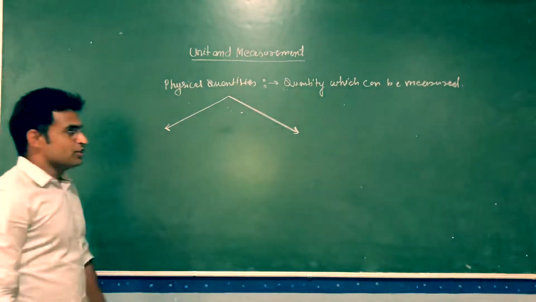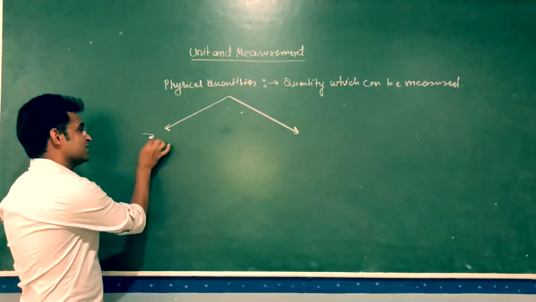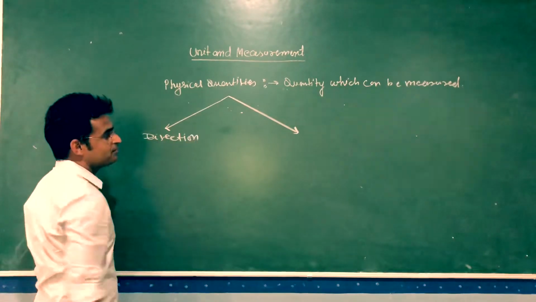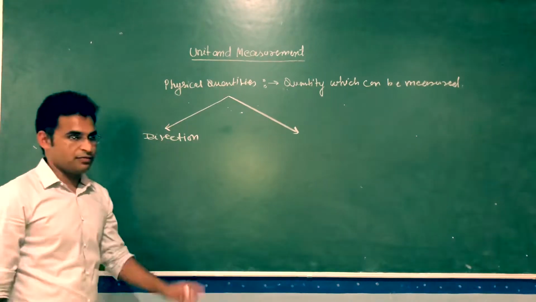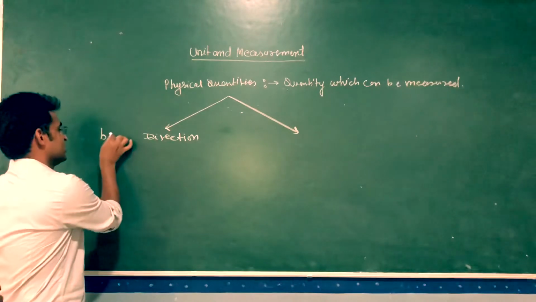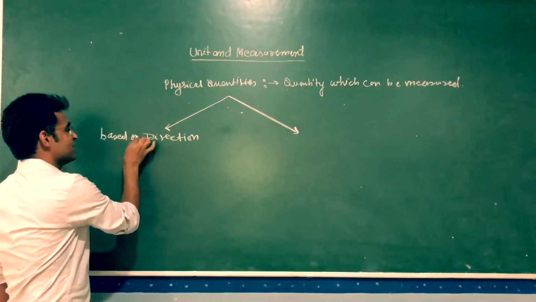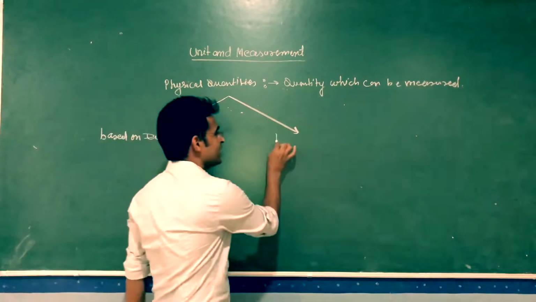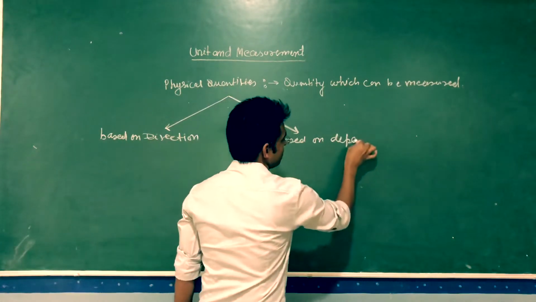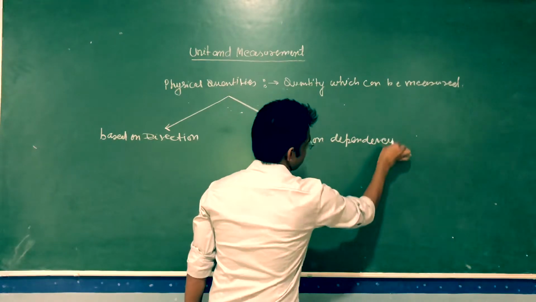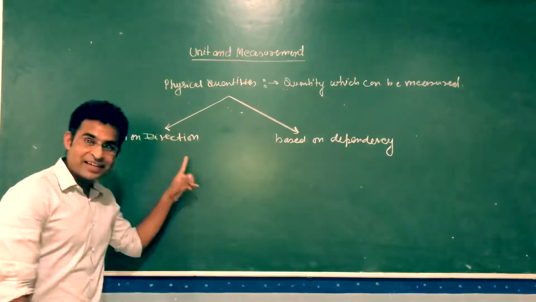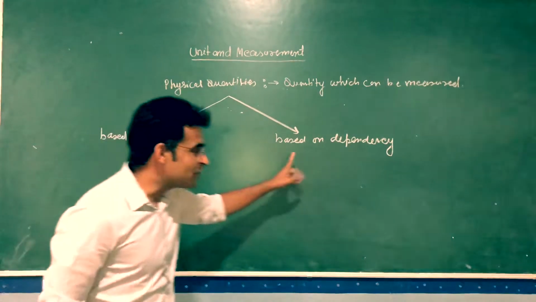Physical quantities we can divide into two parts: the first one based on direction, and the second one based on dependency.